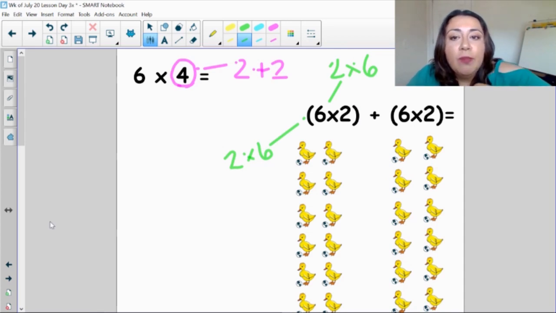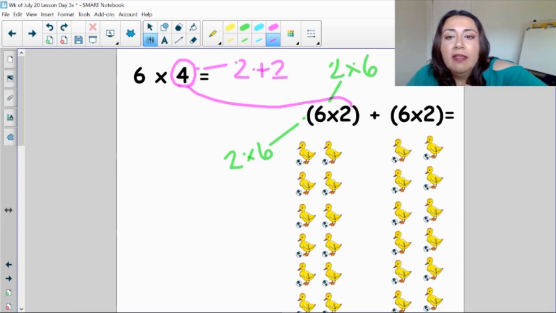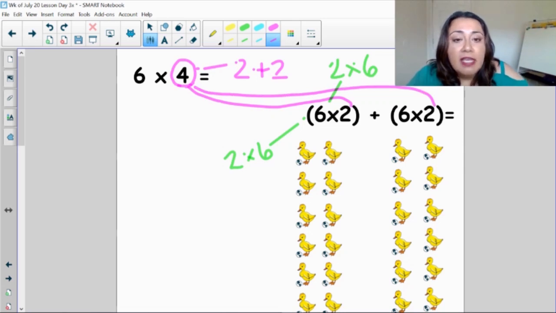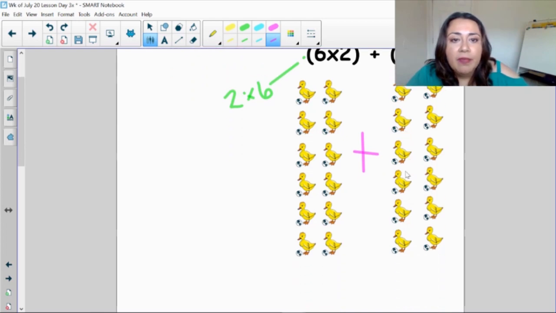Niños y niñas, acabamos de descomponer este 4. Aquí está la mitad y aquí está la otra mitad. 6 por 4 es lo mismo que 6 por 2 más 6 por 2. Así que vamos a escribirlo de una manera diferente.